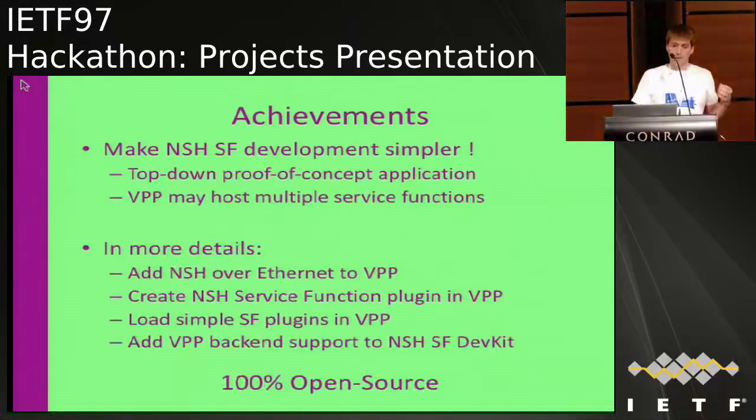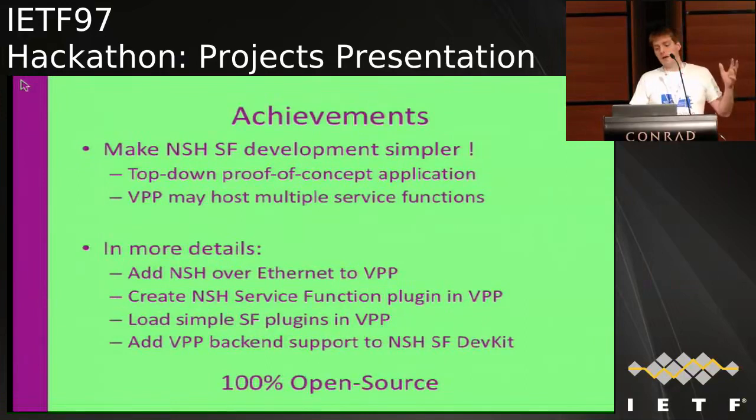And in particular, to interoperate with the traffic steering engine that Sandvine had implemented, we needed VPP to support NSH over Ethernet. So we added that. And we also needed to have VPP support sending NSH traffic to a local service function. And that's that shared object plugin I was talking about. So we did all that.